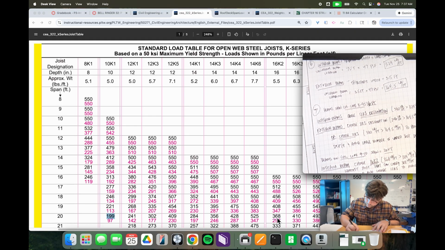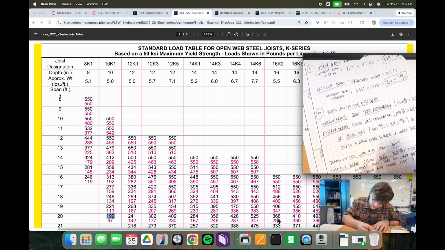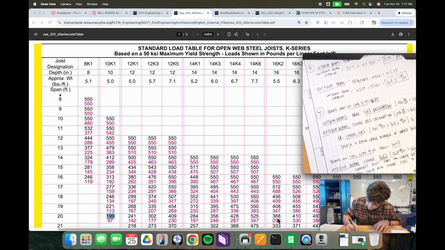Or we can put down 12K1. 12K1 works because that's 241 pounds per foot, which is greater than our 164.5 pounds per foot, and same weight as the 10K1.